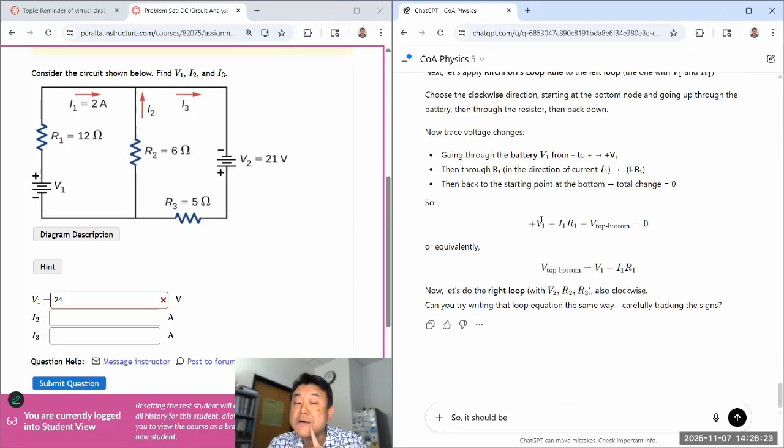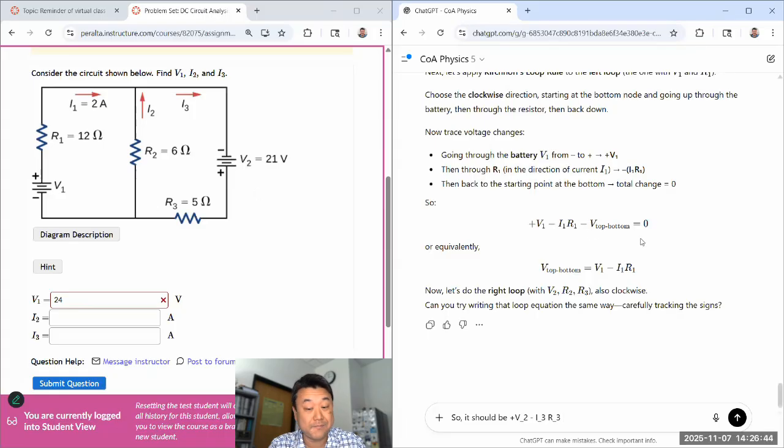Okay. Let me see if I make a sign error as I do that. As I go around this way, I will claim it should be plus V2 minus I3 R3, and then going this way, yeah, they did a minus.